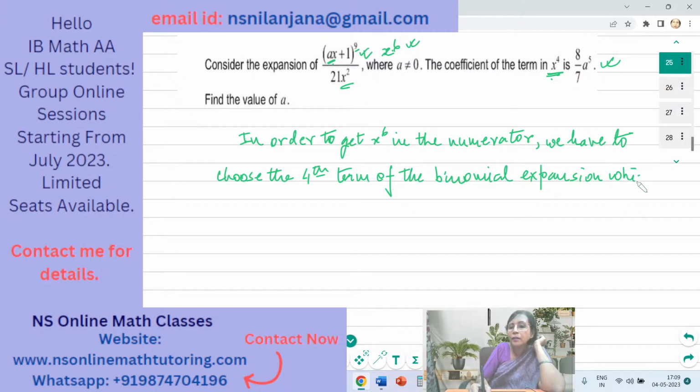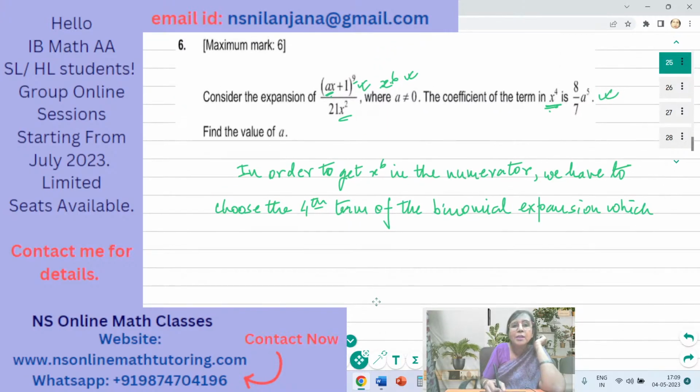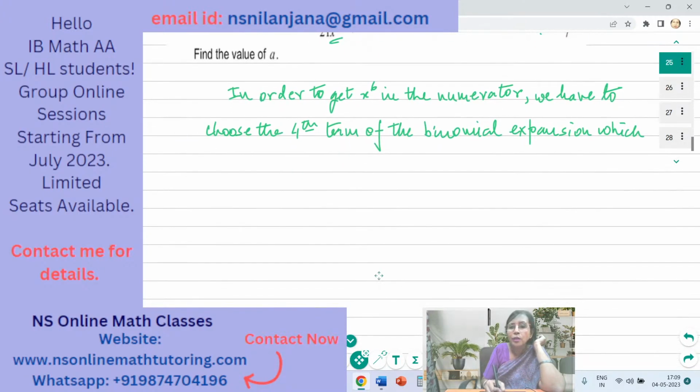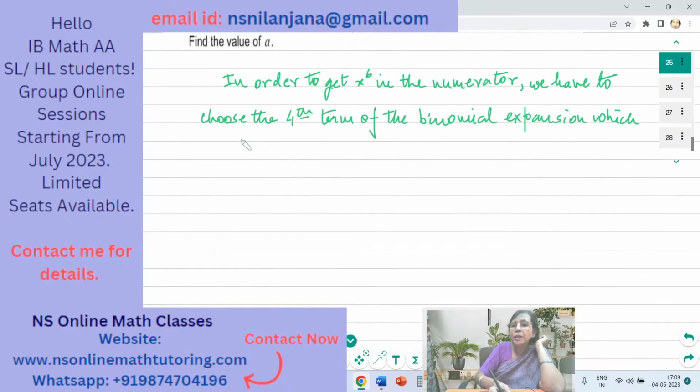We will have this containing x to the power of 6, so we should be writing this, which will have r equal to 3.